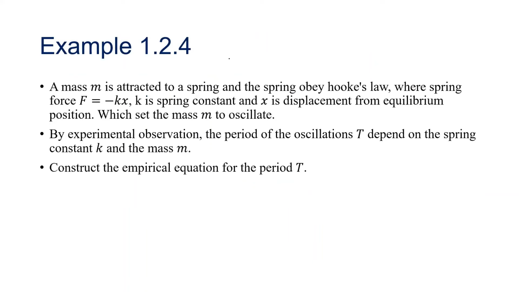Let's draw a diagram so you can see how this experiment is carried out. First, we have a wall and a frictionless surface. Now we have a mass m, and we attach it to the spring. This spring has a spring constant k, and here is the equilibrium point.